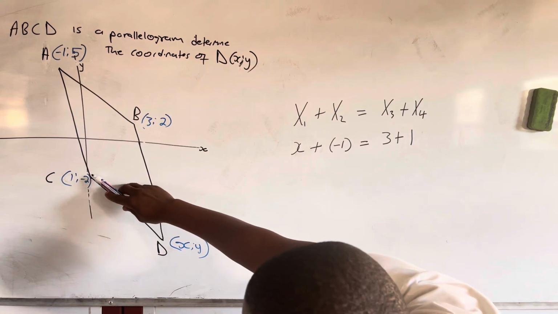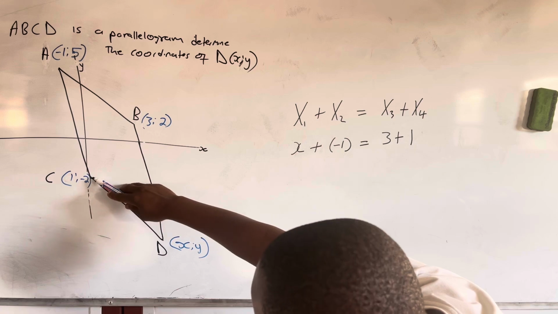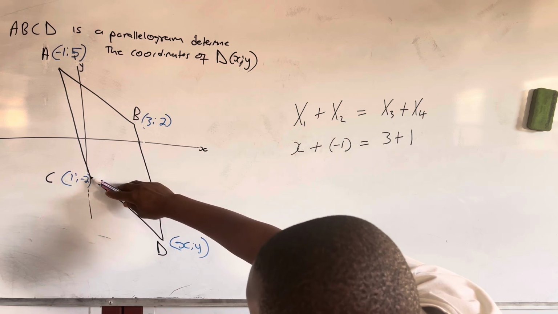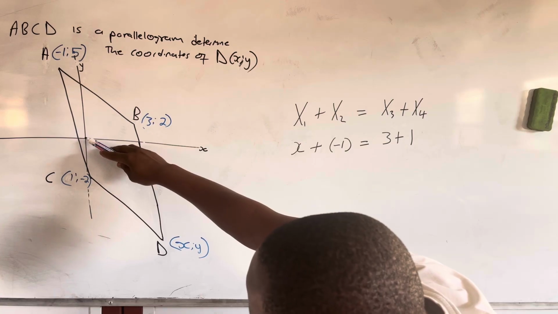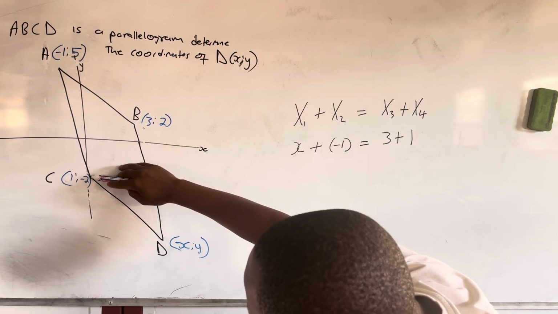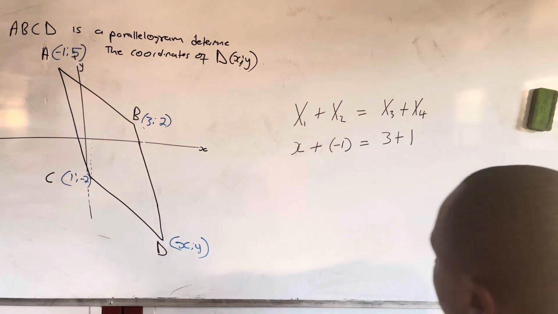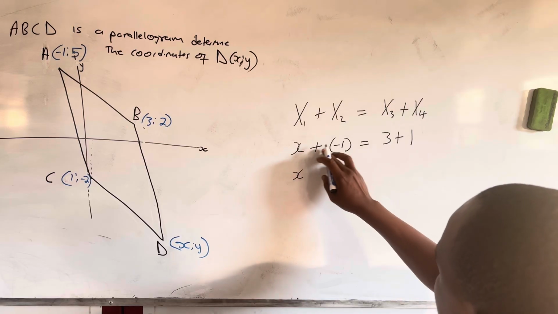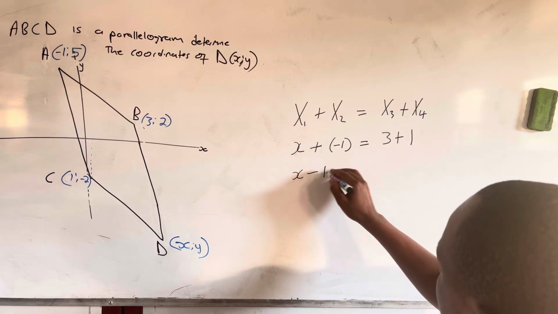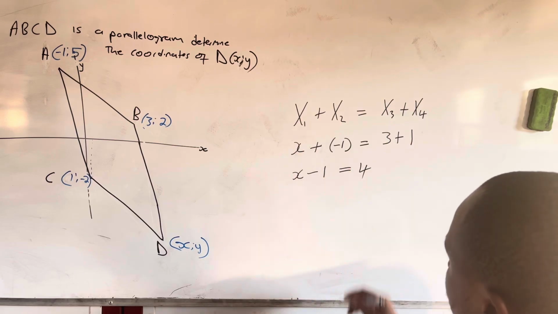This point C lies in the fourth quadrant, as you can see, so it's 1 and negative 2 there. So now you can say x minus 1 equals 3 plus 1, it's 4, okay?